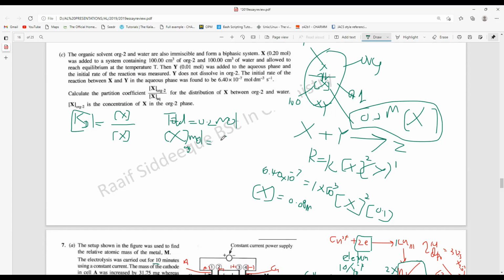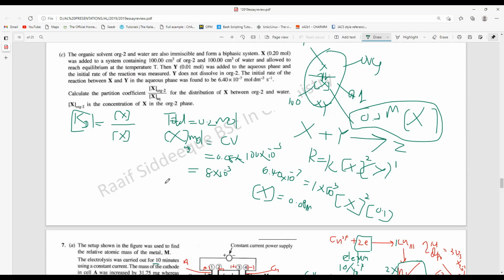So moles means CV, concentration times volume. So concentration is known, 0.08, and the volume is 100, so 100 into 10 to the power minus 3 to calculate the amount of moles. So this mole amount is 8 into 10 to the power minus 3.